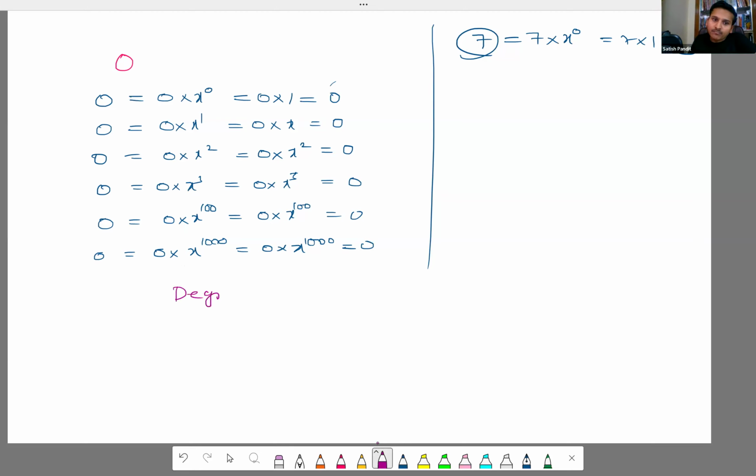Whenever you want to find the coefficient of anything, go to the term which contains x cube. Here there are 4 terms. Only this term contains x cube.